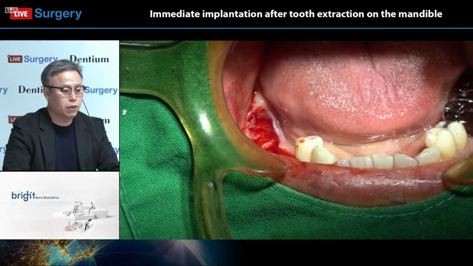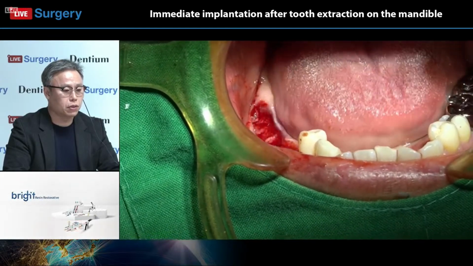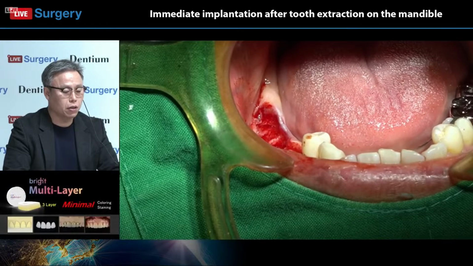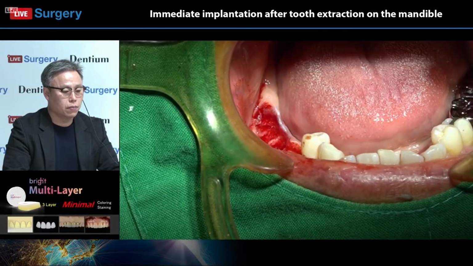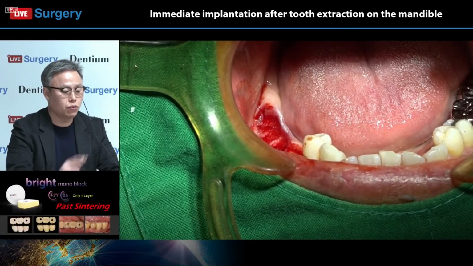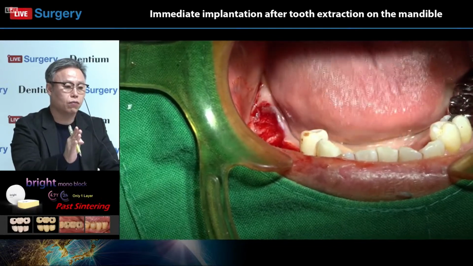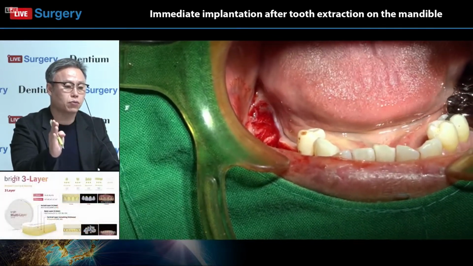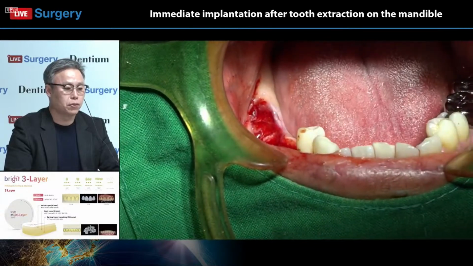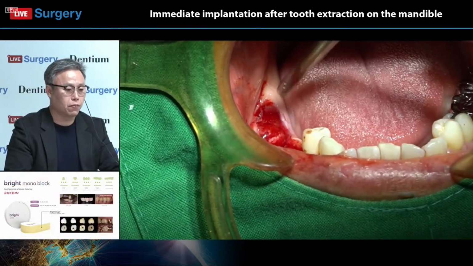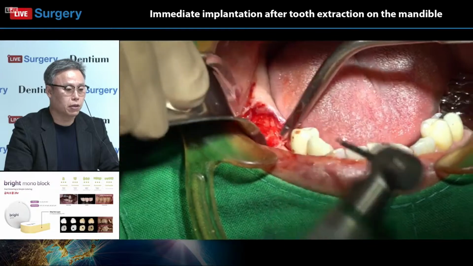Diameter 4.0, maybe he's going to use, he planned to use it. There are not many steps in the mandible, and the next one, I think, is for the 4.0 diameter, for placing the 4.0 diameter implant.